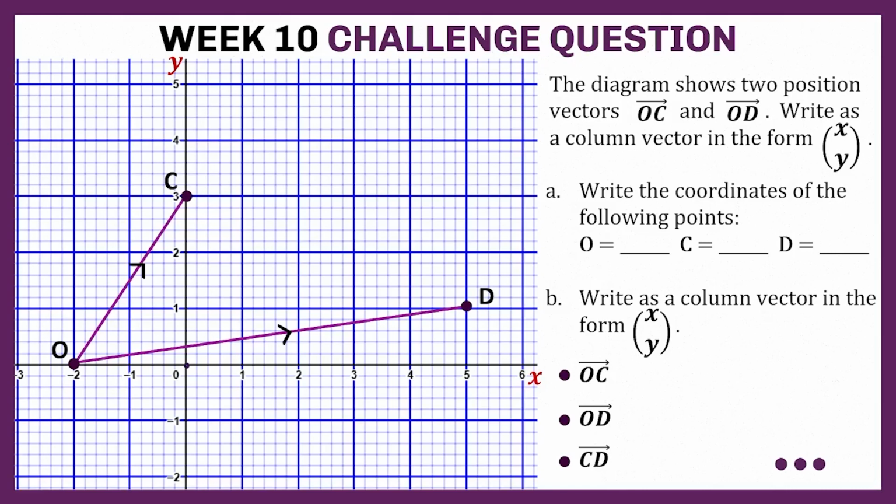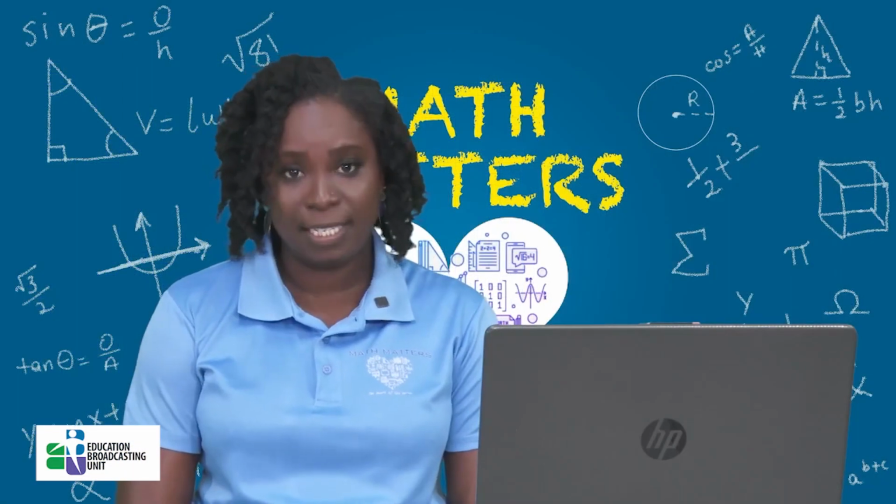Please remember what we would have just done. Everything we would have done is important as it pertains. And notice that this time for the challenge question, our origin is not (0, 0). So be careful.